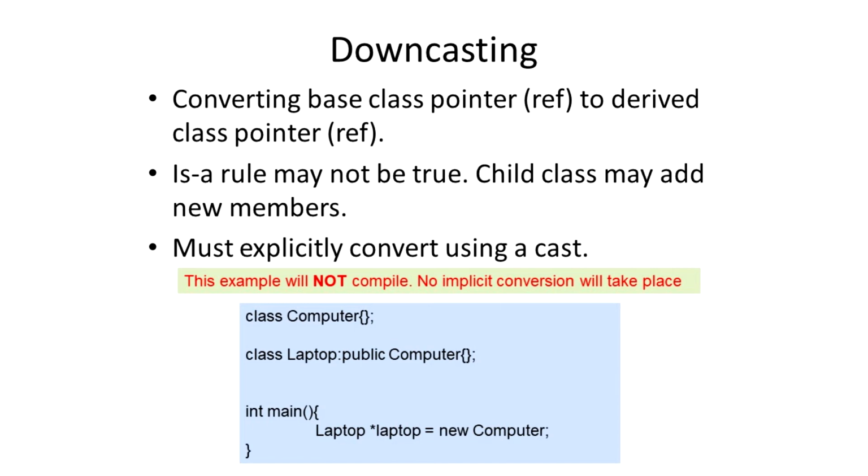So it only inherits them from the parent. It doesn't actually define them within that class. So we've got to work out a place for those values of the parent, those shared attributes, maybe like ID or name or whatever types of details referring to the computer are going to go in the laptop, and also the member functions as well. So downcasting, in short, is a lot more tricky than upcasting.